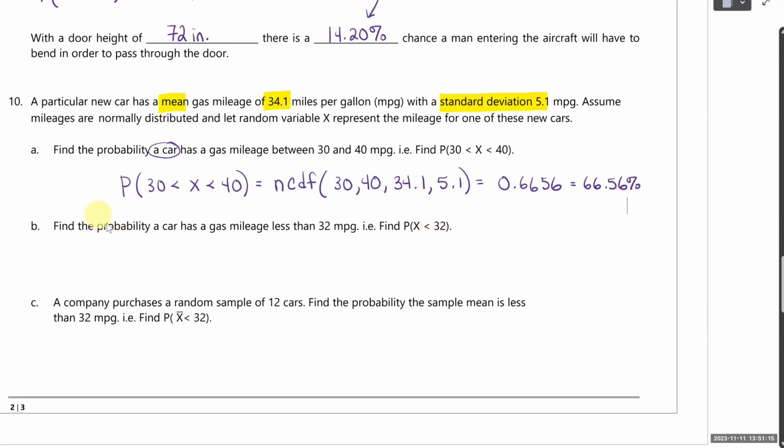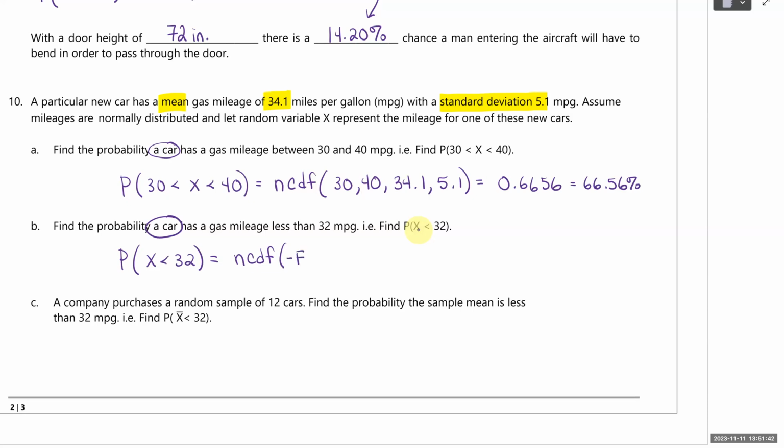All right, and then we have a probability that a car has a gas mileage less than 32 miles per gallon. So again, I'm just going to rewrite that question to remind you, X is for the mileage of a singular car. So X less than 32. And when we're doing the less than case on a graph, that would be shading to the left.